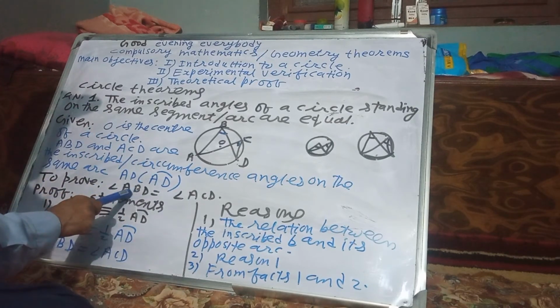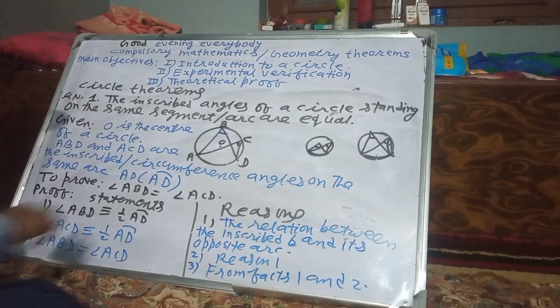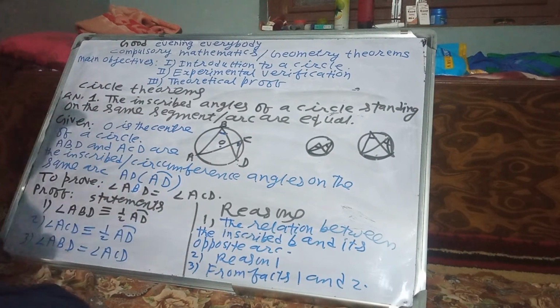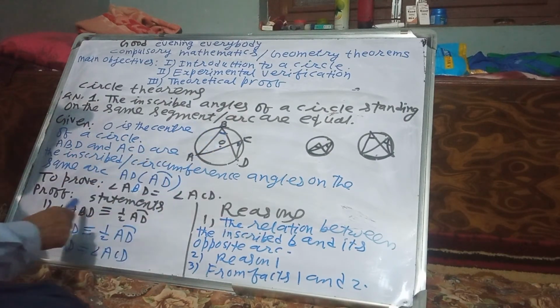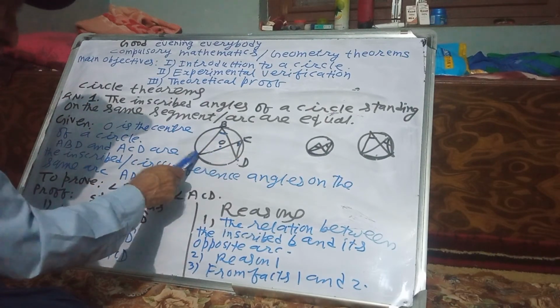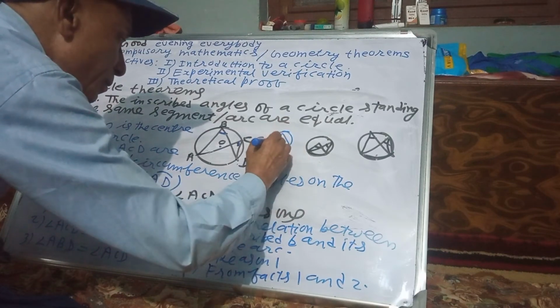To prove angle ABD equal angle ACD, two angles are equal. Proof. There is no construction. You can construct AO and DO can be joined, or you can prove in this way also, right?